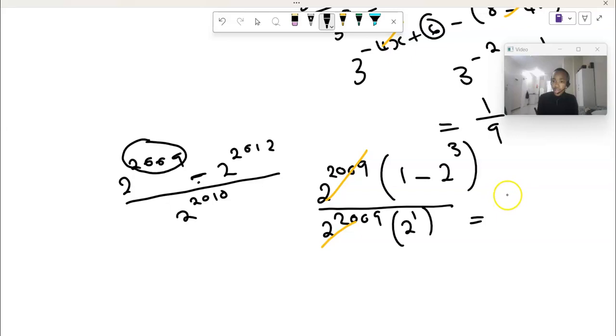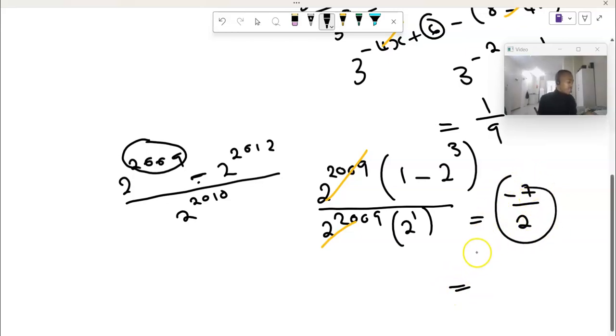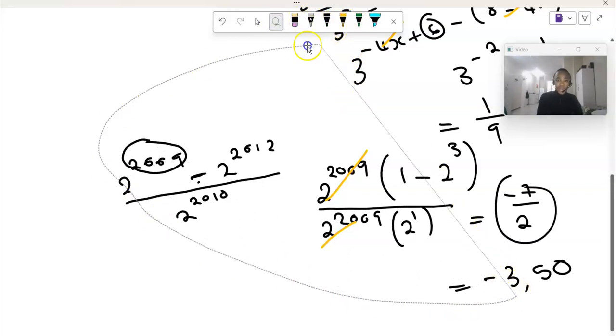This is 8 minus 1 minus 8 is negative 7 over 2. So that is our final answer in that case. Negative 7 over 2 is negative 3.5.